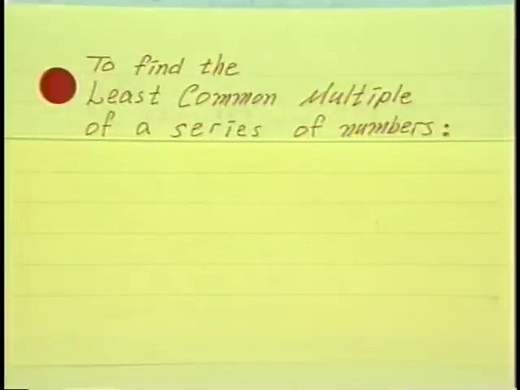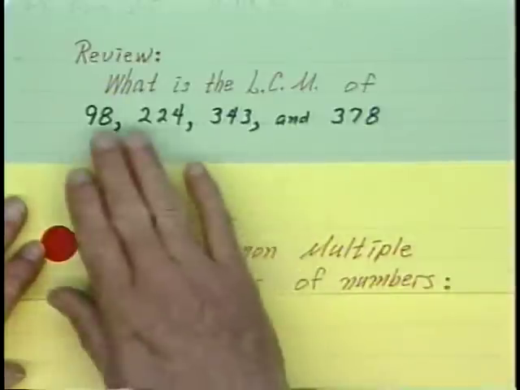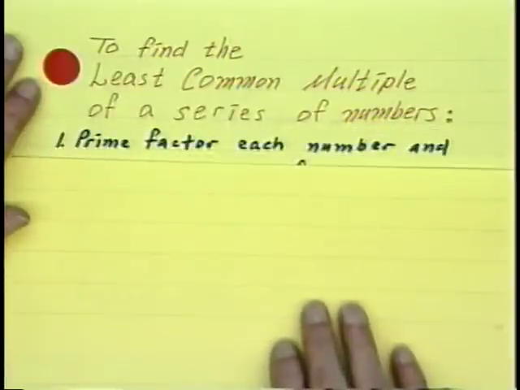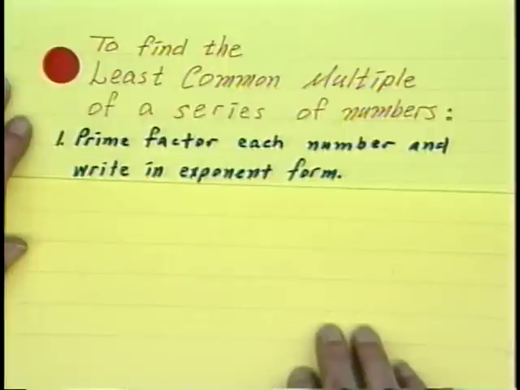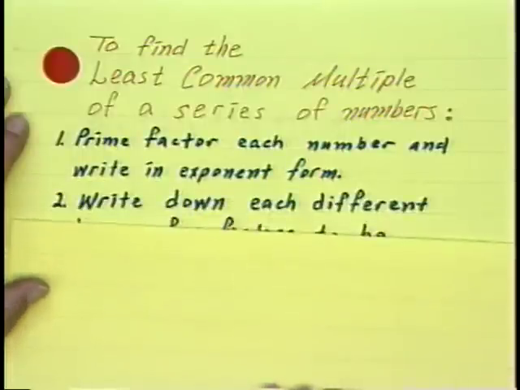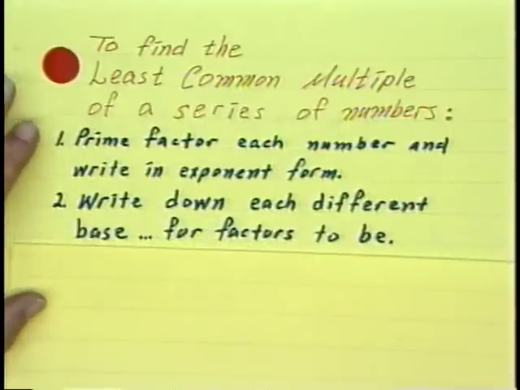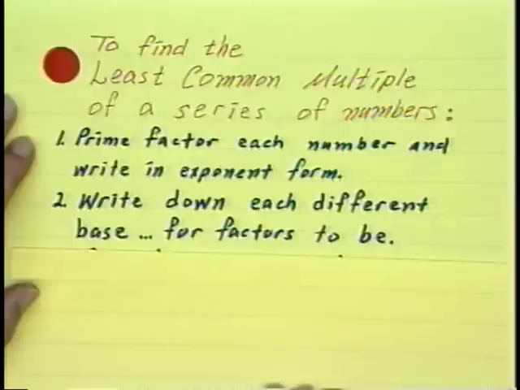What would be the first thing you would do to that series of numbers that we wish to find the least common multiple of? First, you're going to prime factor each number and write in exponent form. What next? You're going to write down each different base for factors to be. What next?